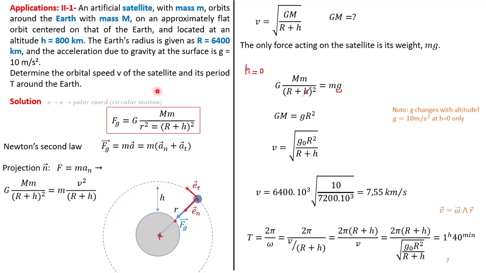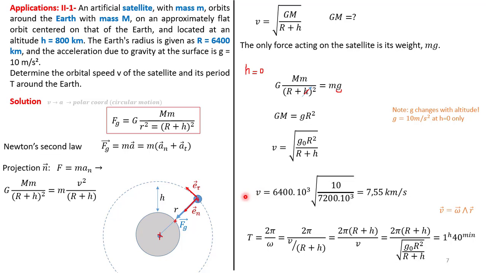And finally, to find the period of rotation around the Earth, we use the definition of the period of rotation. It's equal to 2 pi over omega. Now, what is omega? Omega is the angular speed. How do we find the angular speed in the case of a circular motion? We know that v is equal to omega cross r. So v is equal to omega times r times sine of the angle between omega and r.